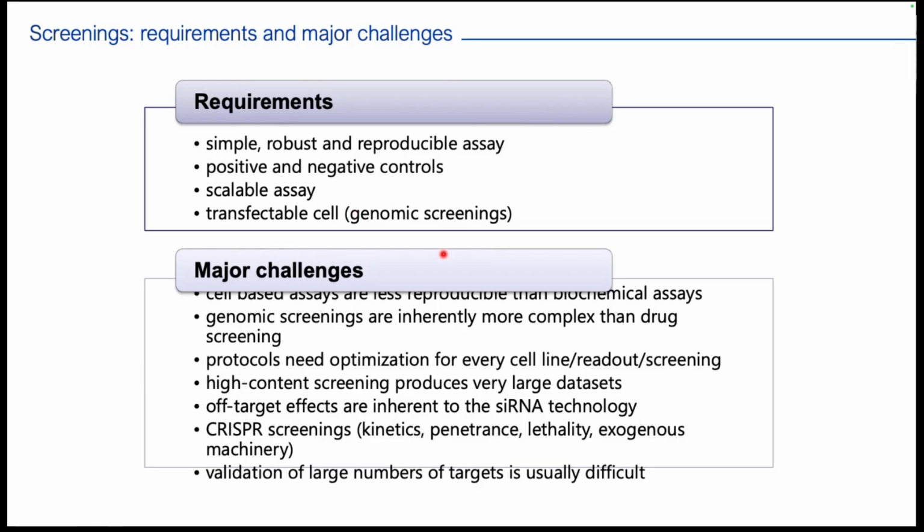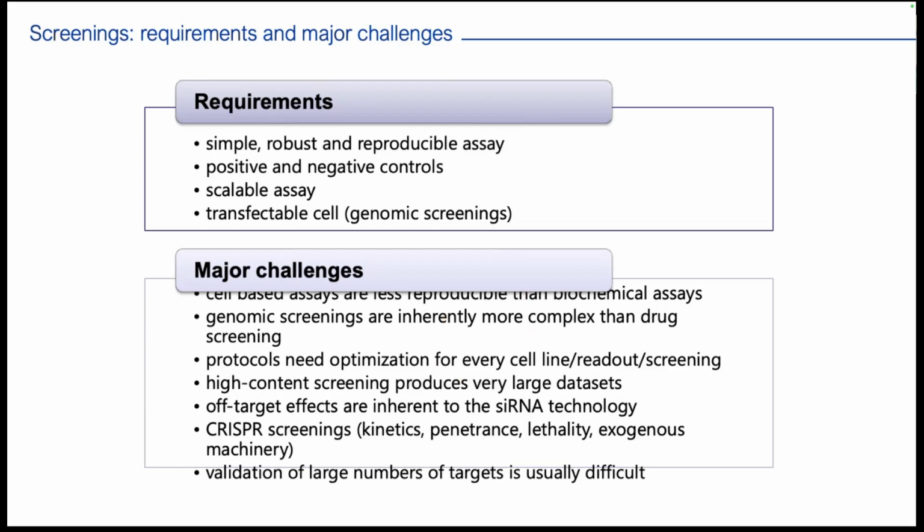In terms of challenges, you can read this slide. Because these are cell-based assays, they are always less reproducible than biochemical assays, where you have just a recombinant protein and a drug, for example. The protocols need to be optimized for every cell line and for every readout.